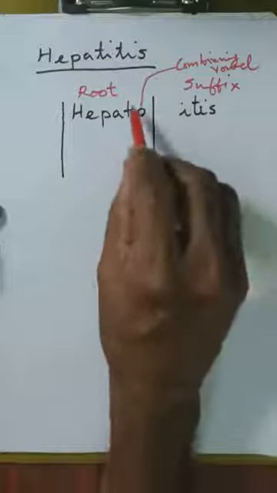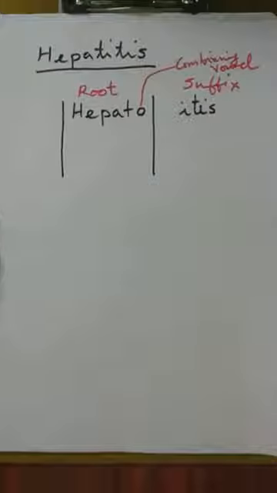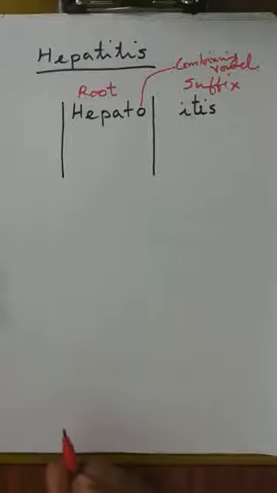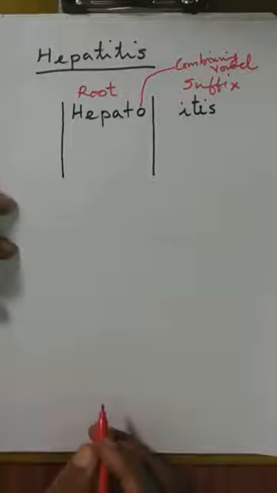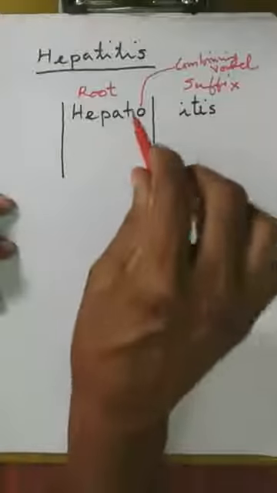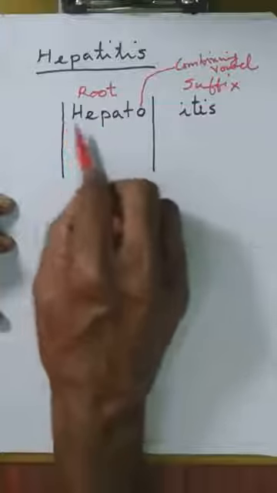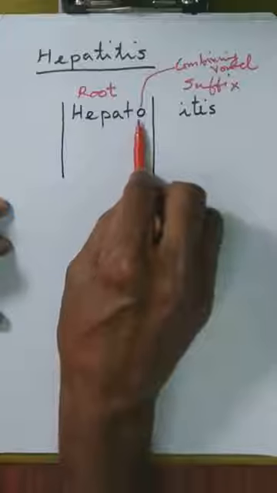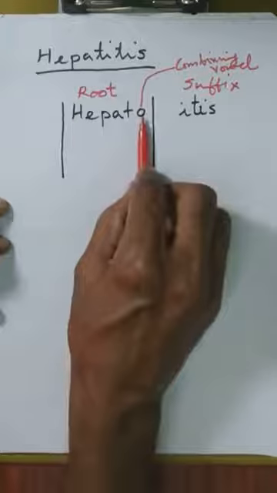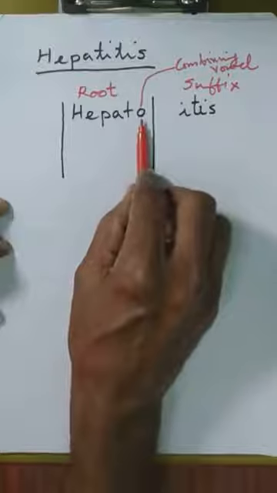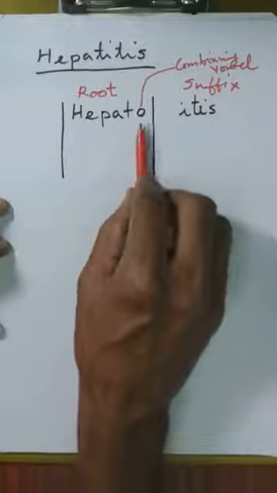That is why we add a combining vowel, to make it ready to join with a suffix. Many roots are having this O at the end. Actually, that is for easy pronunciation.